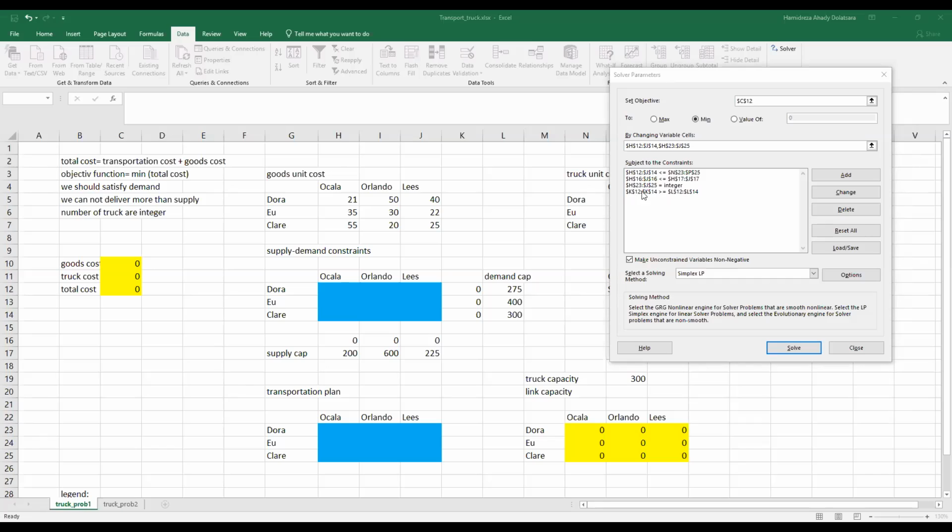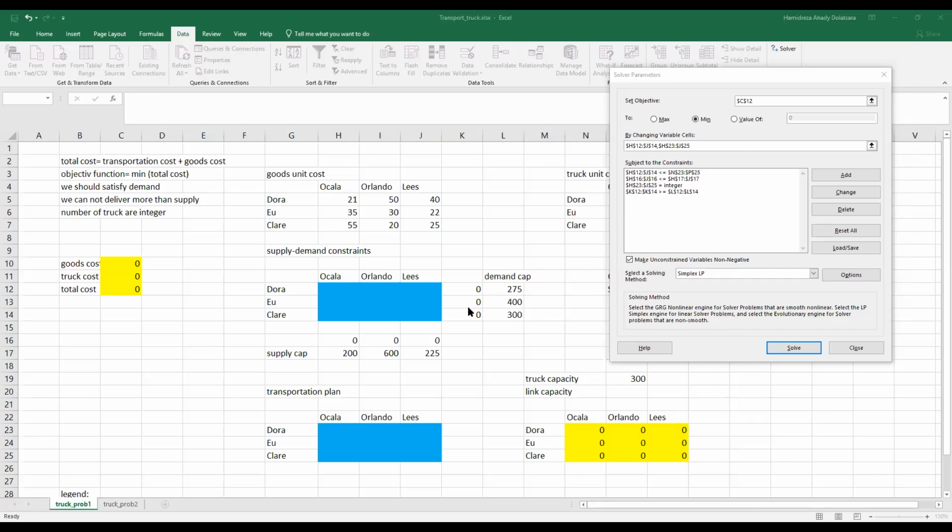Look at the last constraint. I said K12 to K14 should be more or equal to L12 to L14. L12 to L14 are my demand cap, and K12 to K14 is the goods that are delivered to the customer.